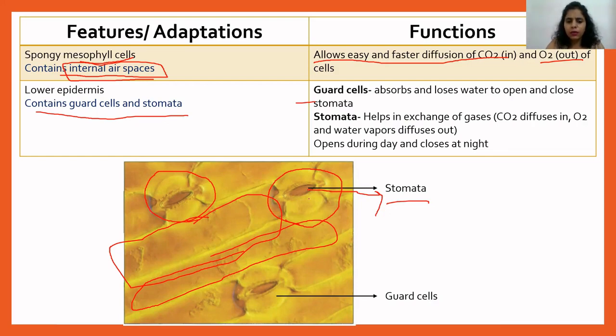Surrounding this opening, we have two cells which are called guard cells. The function of the guard cells is that they absorb and lose water to open and close the stomata. When the leaf wants to open the stomata, the guard cells will absorb water, and when the leaf wants to close the stomata, the guard cells will lose water.